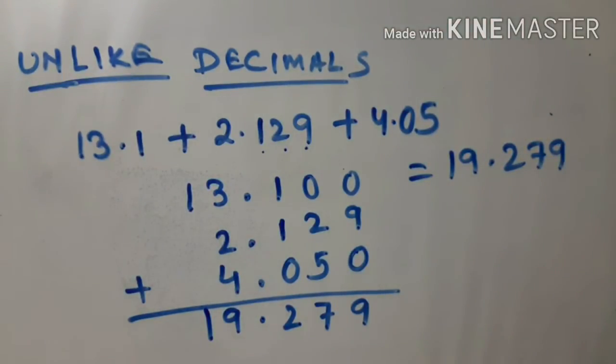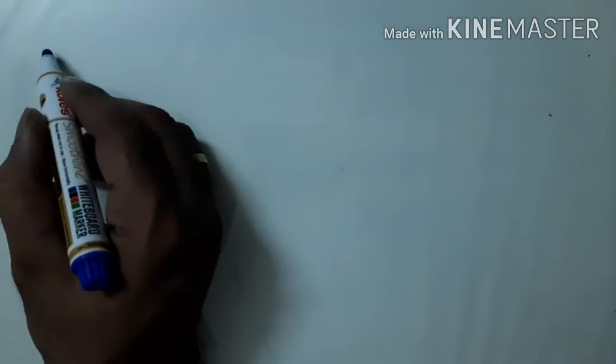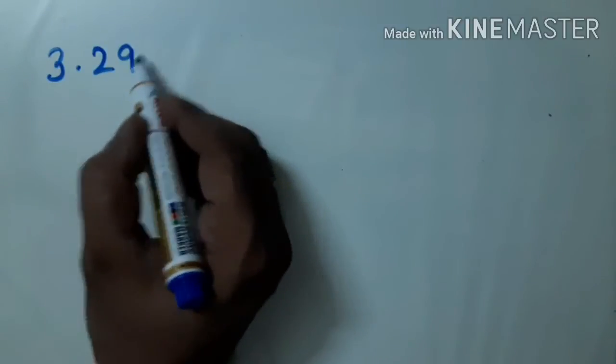So in this way we can add unlike decimals also. You just have to convert them into like decimals and add. You can convert them and write it, or else first write in the column, then make them into like decimals.